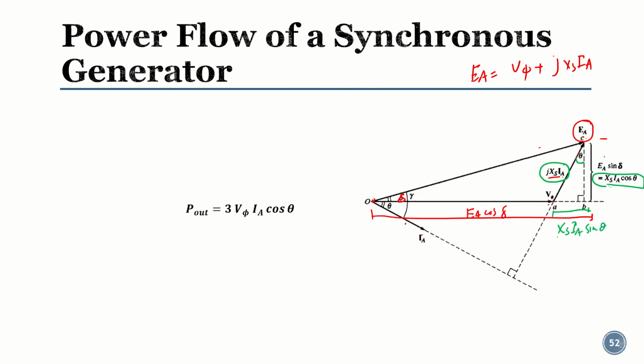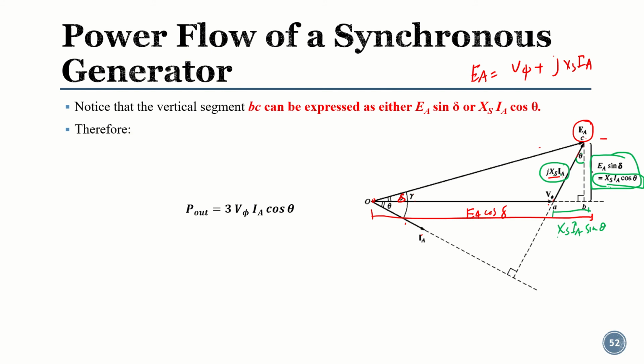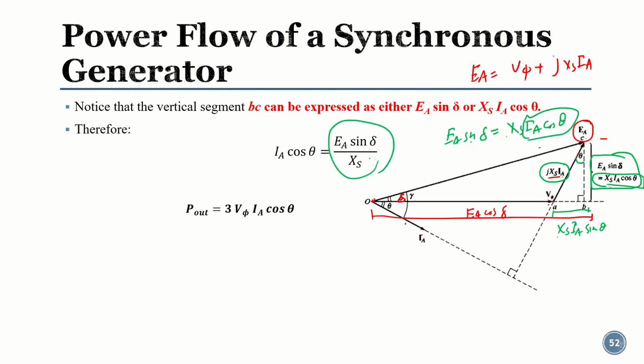So EA sine of sigma is equal to Xs times IA cosine of theta. This is the relationship: EA sine of sigma is Xs times IA cosine of theta, or IA cosine of theta is equal to EA sine of sigma divided by the reactance. So this was your formula.